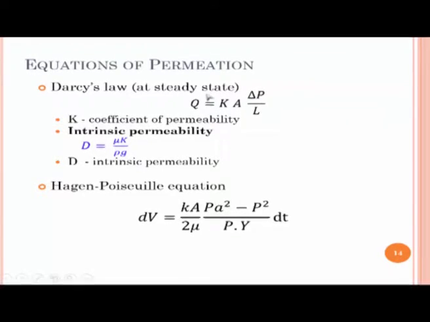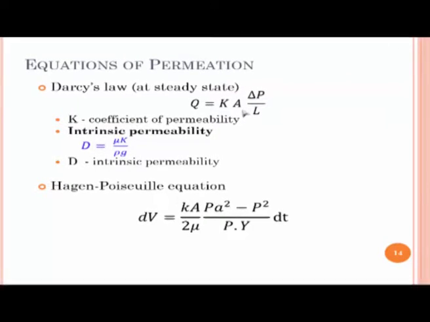So here Darcy's law at steady state says that Q, which is the flow, is equal to K, which is the coefficient of permeability, multiplied by area A multiplied by the pressure gradient, that means the difference in pressure divided by the length over which the travel is happening. So Q equal to K A delta P by L. That is basically your Darcy's law, and K is the Darcy's coefficient of permeability.